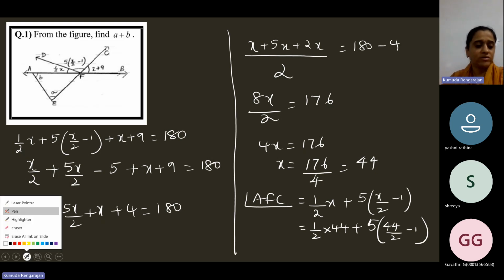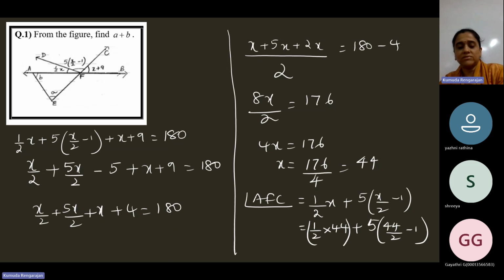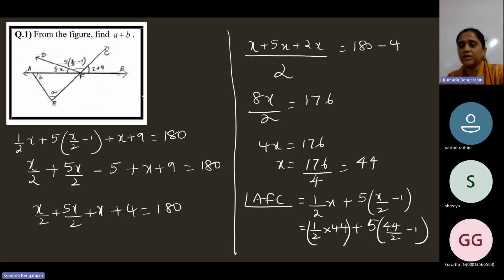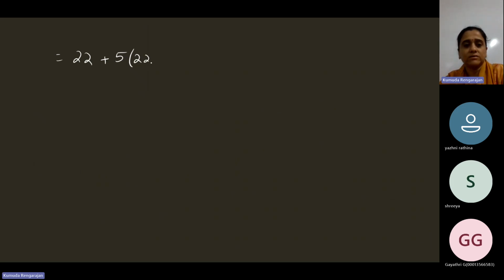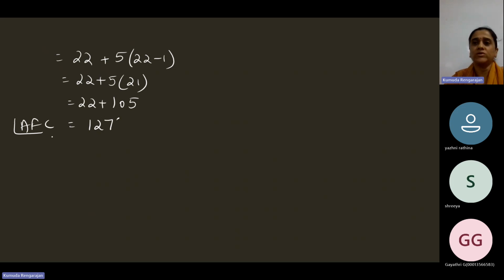So half into 44 is 22. Plus 5 into 22 minus 1. 127 degrees. So angle AFC is 127.